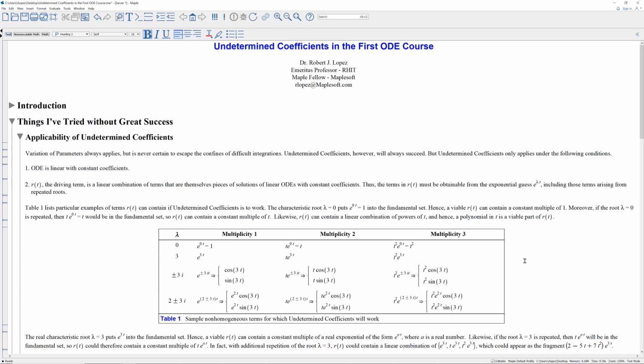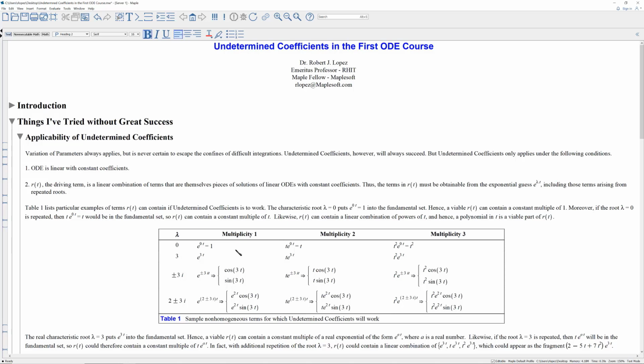So I said, okay, I'm going to make table 1, which is a bunch of examples. If the root lambda shows up in a solution to a linear constant coefficient ODE, lambda equals 0, you get e to the 0 t. That's 1. So if you just have a number, 2, 3, 4, 5, that means lambda equals 0 was a root.